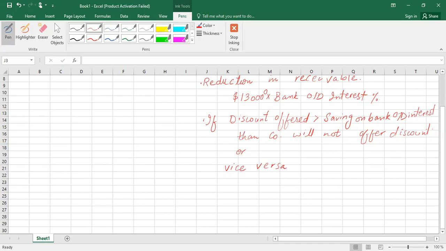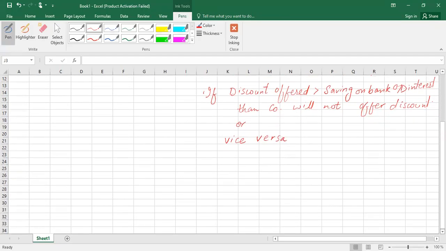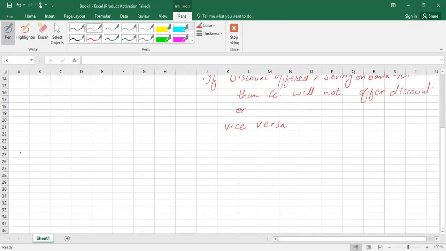Now, the second very important concept of receivables management is factoring. Factoring is also very important, and most of the time the examiner asks this question if the question is asked from receivables management. Now, what is this factoring?